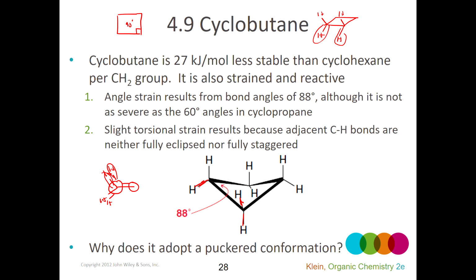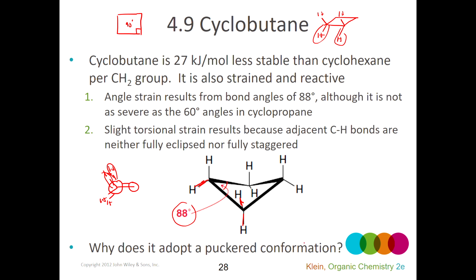In order to do that, the angle in the ring has to be a little bit less than the preferred 90. That's the maximum you can make. So by sacrificing 2 extra degrees and creating slightly more angle strain, it allows a significant amount of torsional strain to be avoided, and that overall makes the molecule more stable.